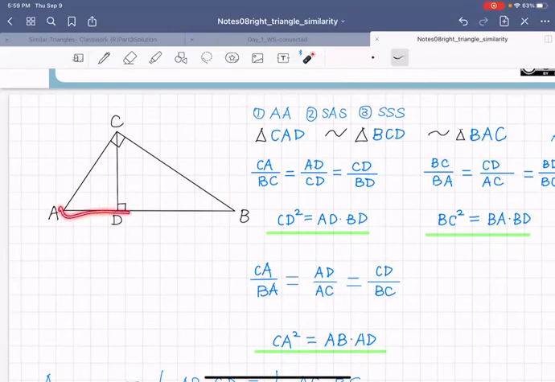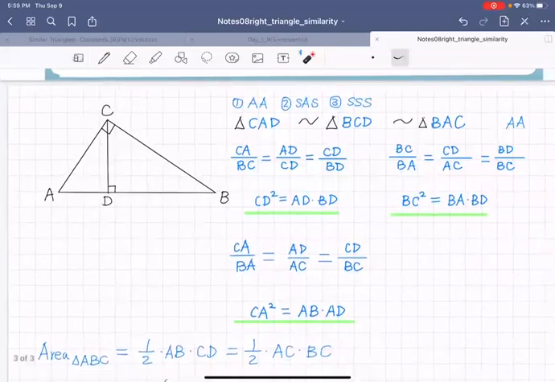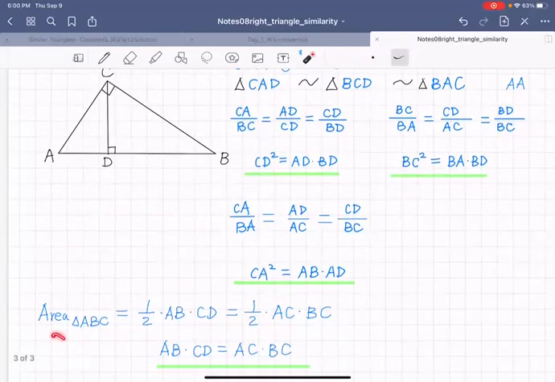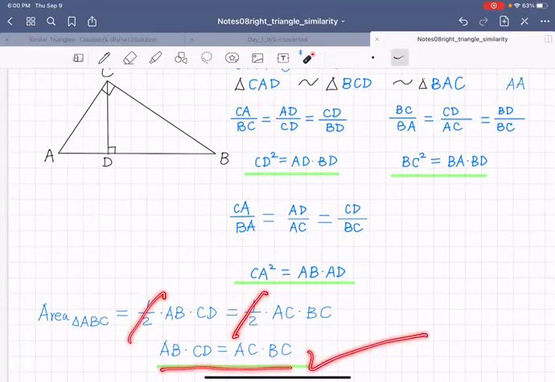You can also treat this as a base, this guy as a height, correct? AB times CD, correct? Now look at here. The area is 1/2 AB times CD, 1/2 AC times BC. Does this make sense now? Yes.